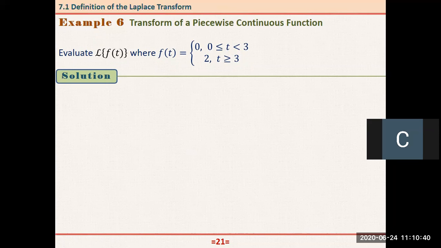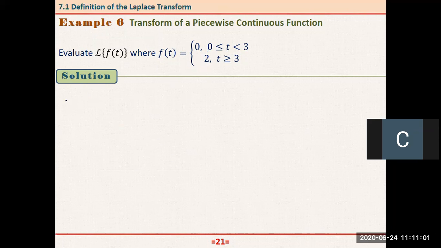Transform of a piecewise continuous function. If you look at this, f of t equals 0 over this interval and equals 2 over this one. We also see that this function is of exponential order. It's just constant functions, a piecewise defined function.